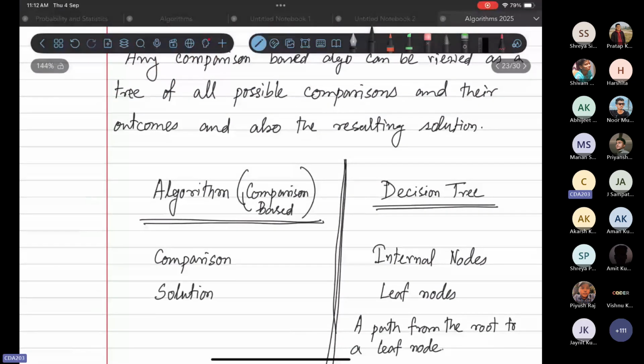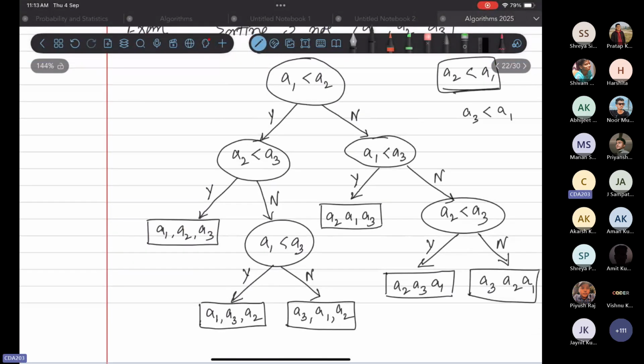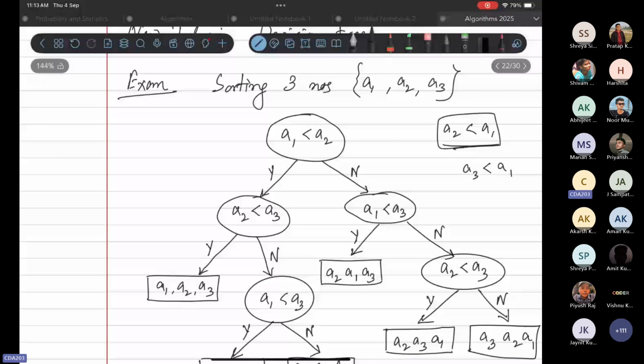The root does not have any parent. Other than the root, everyone has some parent, right?